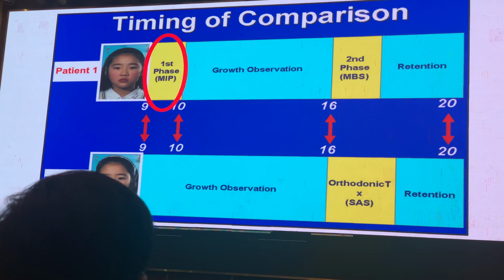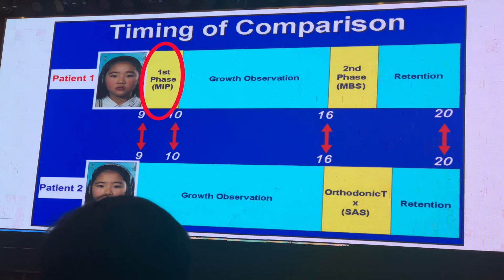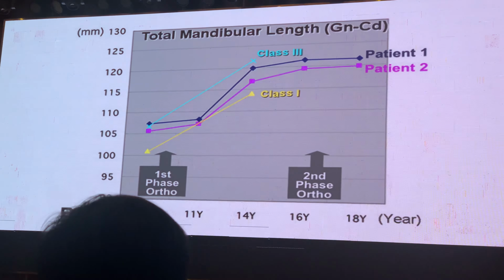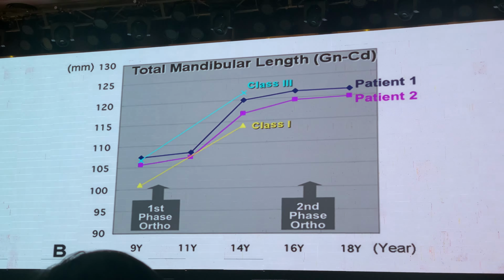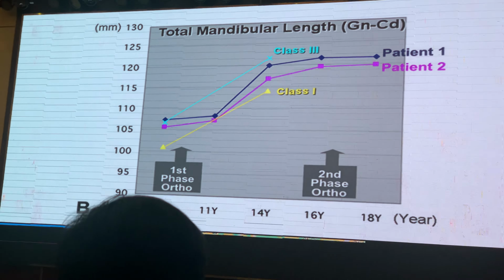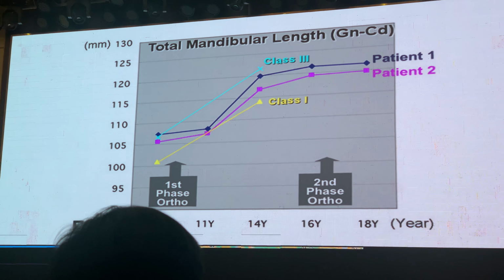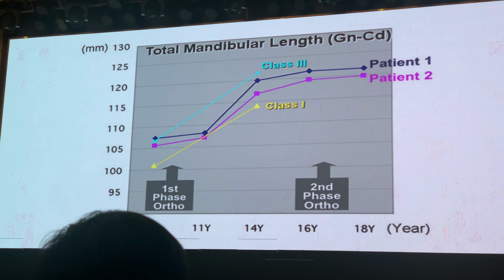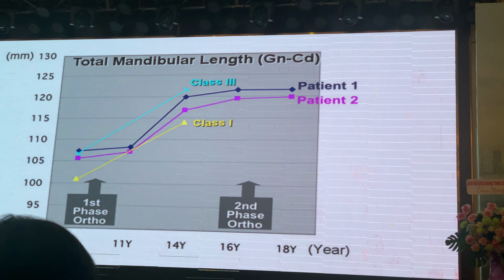And then at 16 years old, they both got the crystal bias treatment. When you look at the mandibular length, patient 1 and patient 2 show similar pattern of mandibular growth. Basically, there is no difference between patient 1 and patient 2 in mandibular length.